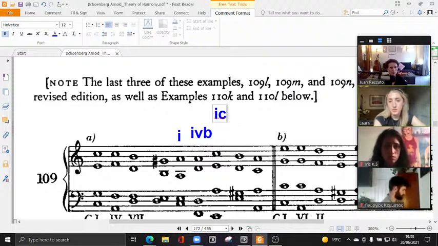It has the function of an ornament, a delay, we call it an appoggiatura, towards the actual dominant, and then 1. So this is a proper cadence.